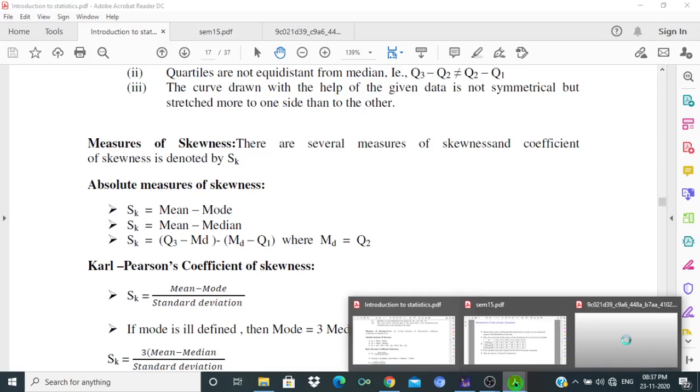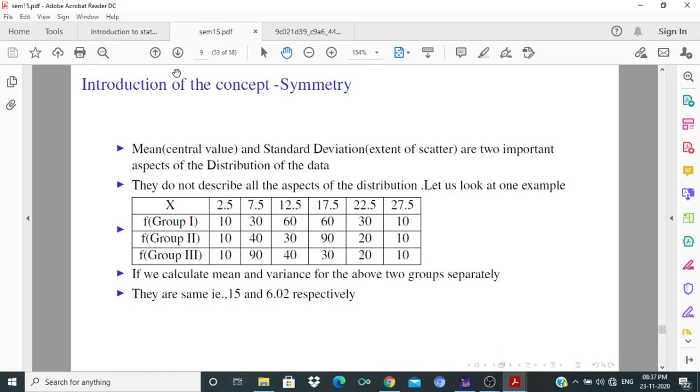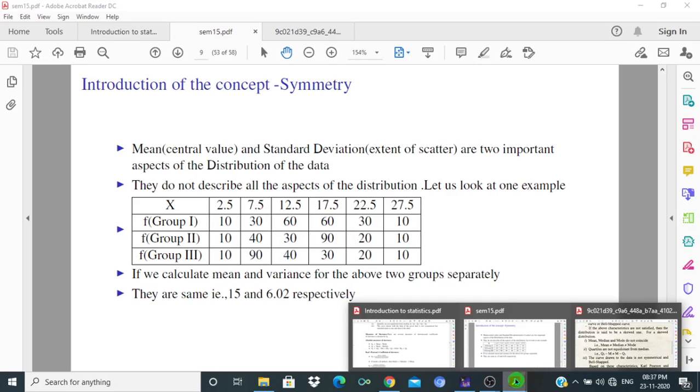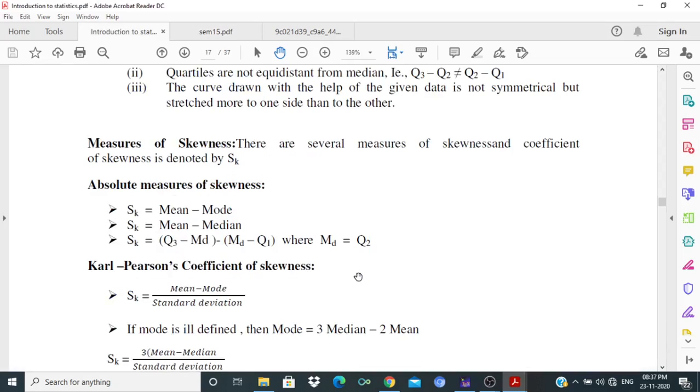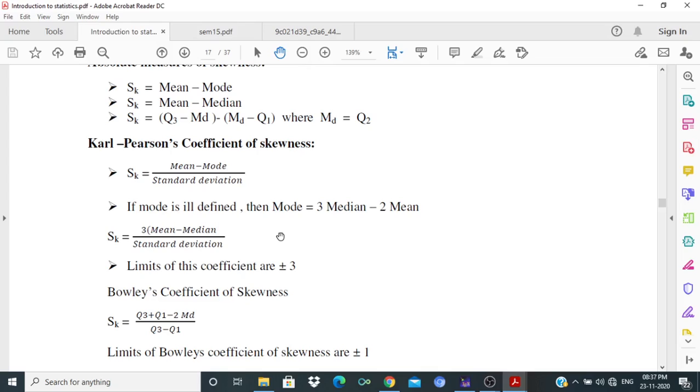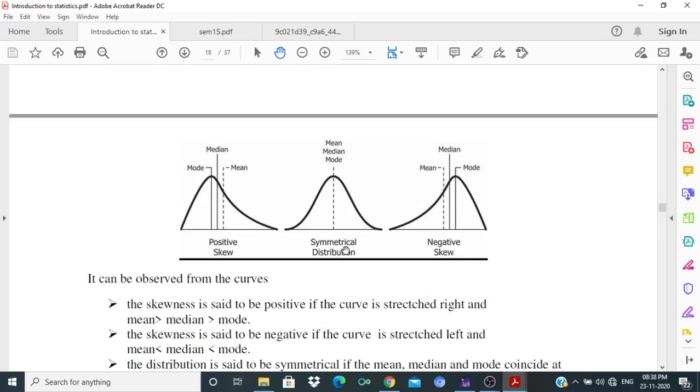In our example, we have, look here, this is a symmetric curve, and this is a negatively skewed curve, and group 3 is a positively skewed curve. I will explain here. Look here. Where mean, median, mode coincide, the shape is perfectly bell-shaped.